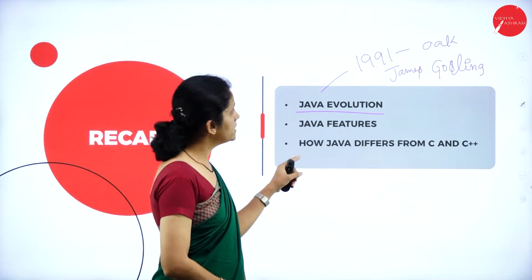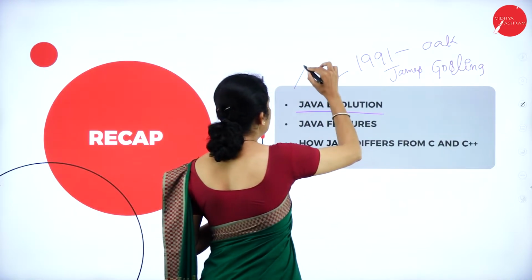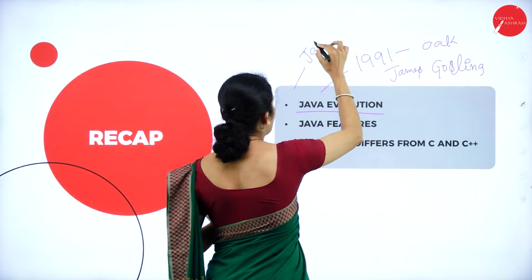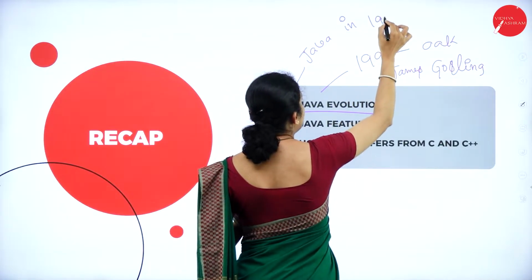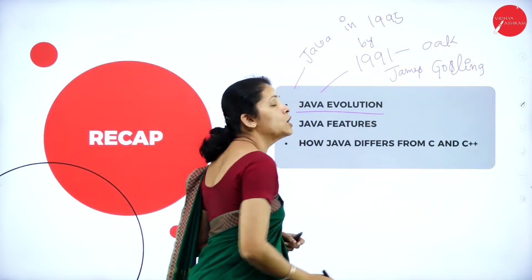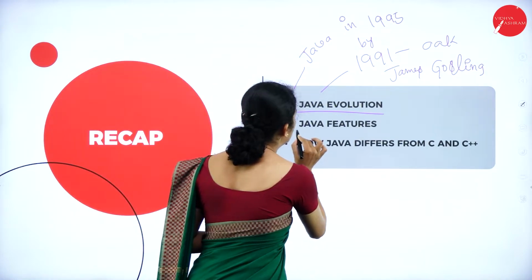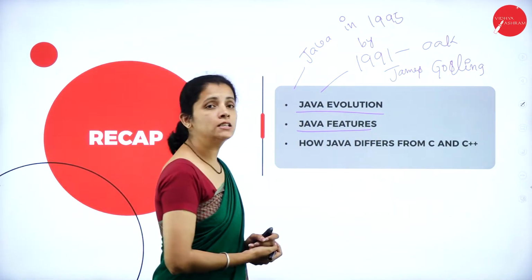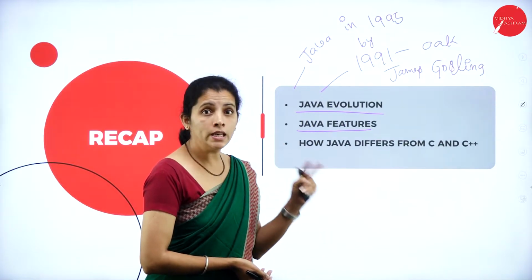And once again, this OAK was renamed as Java in the year 1995 by Oracle Corporation. Along with that, we discussed Java features. Then what are the features we learned?